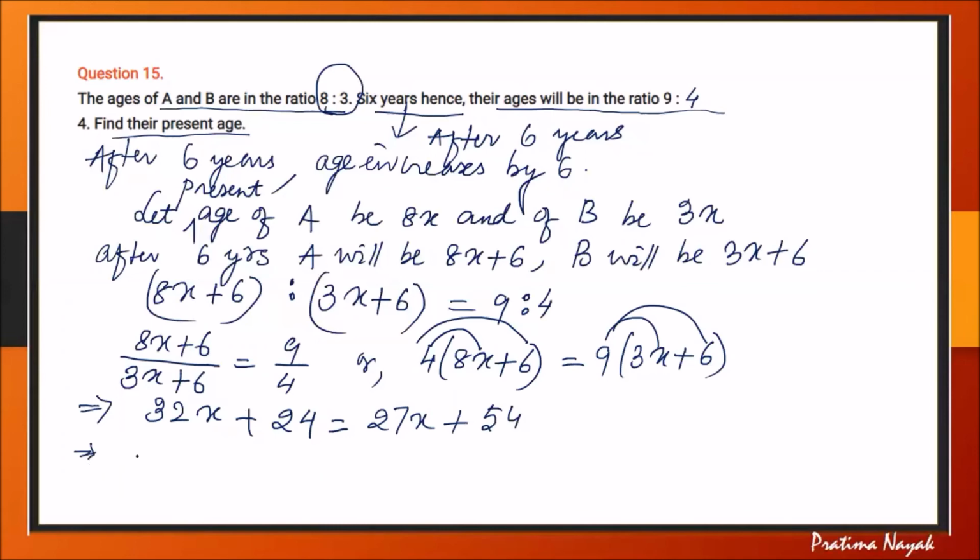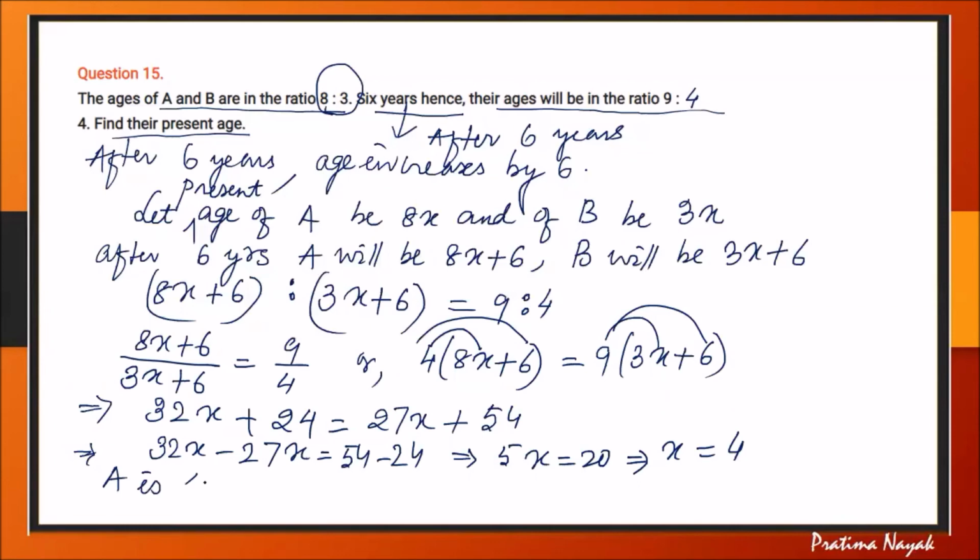Take x to the left side, 32x minus 27x is equal to 54 minus 24. 5x is equal to 20, or x is equal to 4. So is it the answer? No. The answer will be 8x, age of A is 8 into 4, 32 years old. And B will be 3 times x, 3 into 4, 12 years.